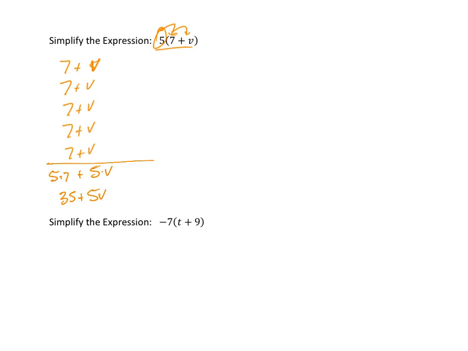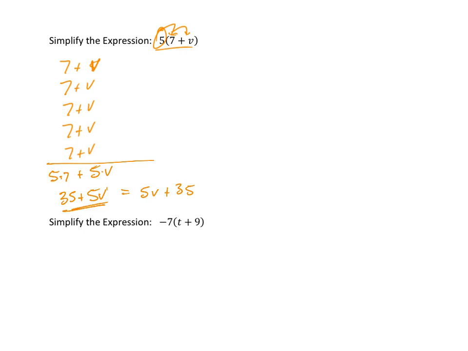At this stage, you could say this is equivalent, so you'd be all right. In 8th and 9th grade, they're going to expect that you put this in descending order, which means this is v to the first, and that's v to the 0. So you're going to have 5v plus 35. That is the most correct way to do it.